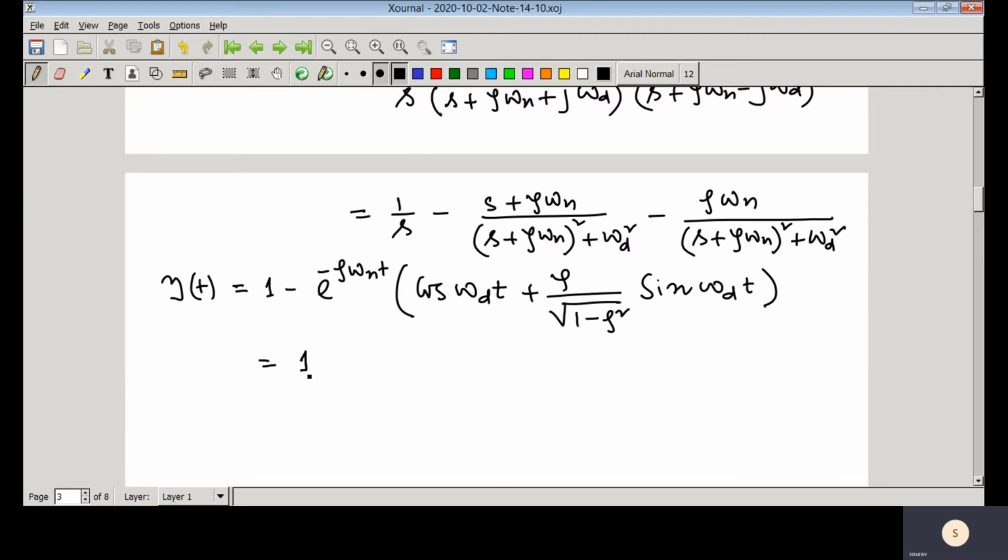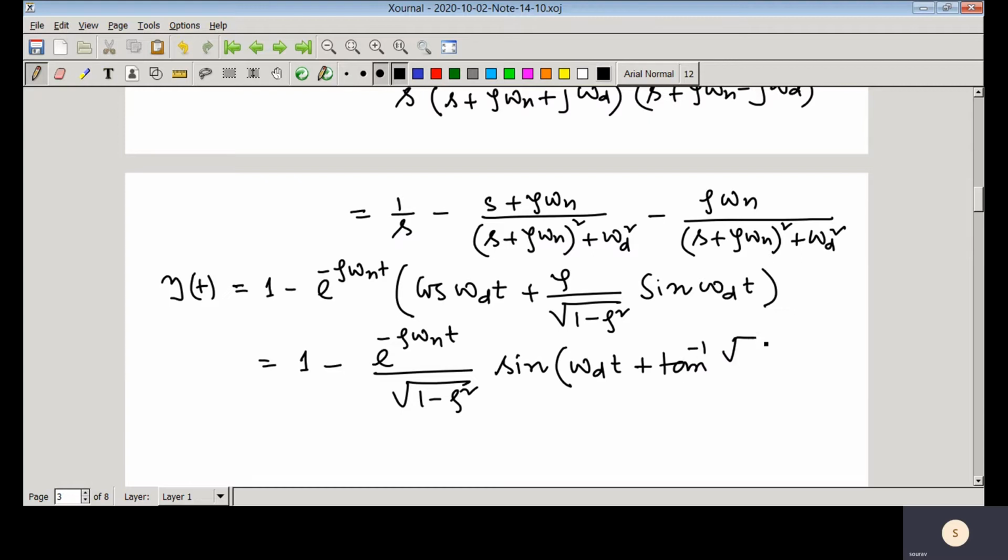And if you simplify this one, you would have e to the power minus zeta omega n t divided by square root of 1 minus zeta square, and sine of omega d t plus tan inverse of square root of 1 minus zeta square by zeta, and this is for t greater or equal to 0.